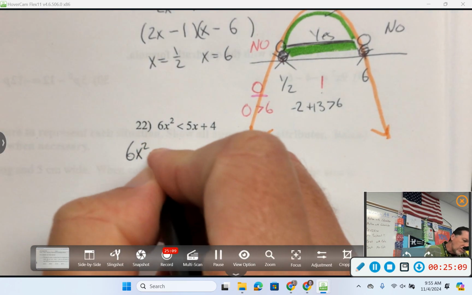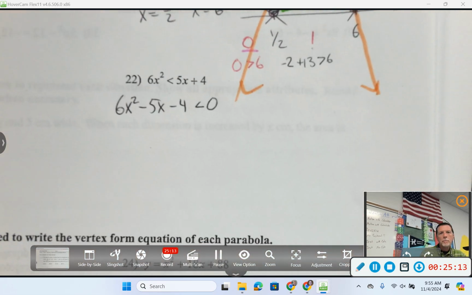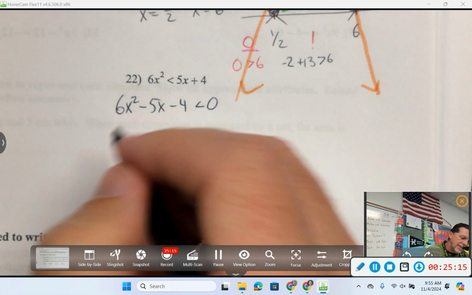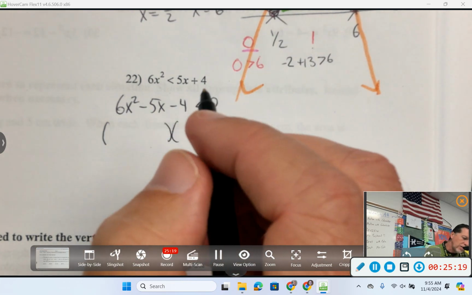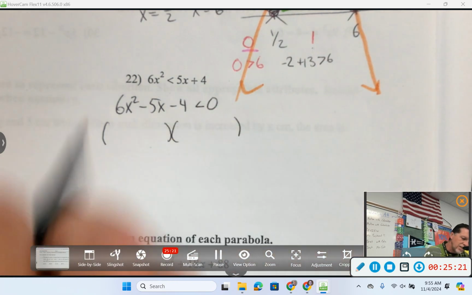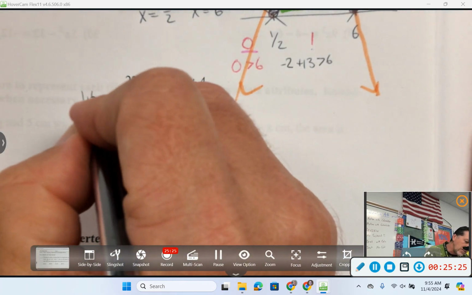22. 6x squared minus 5x minus 4 is less than 0. I'm hoping this factors. Surely it factors. But I have options on both ends, so I need to be careful here.